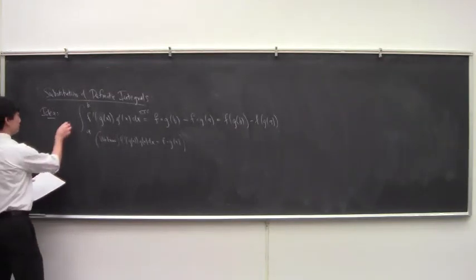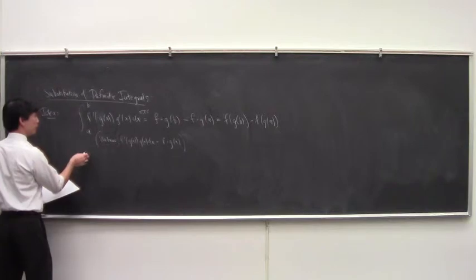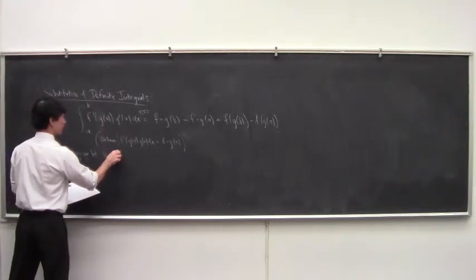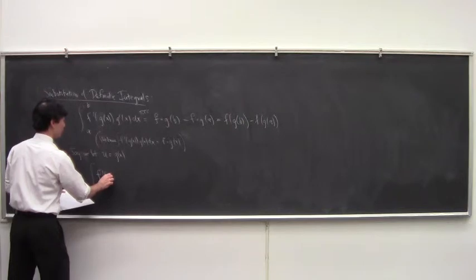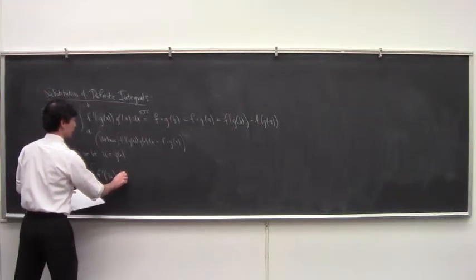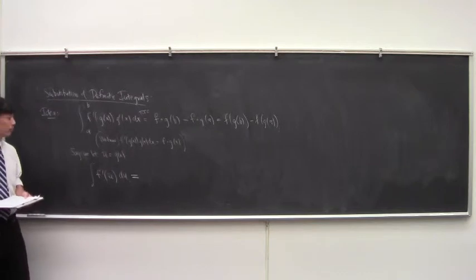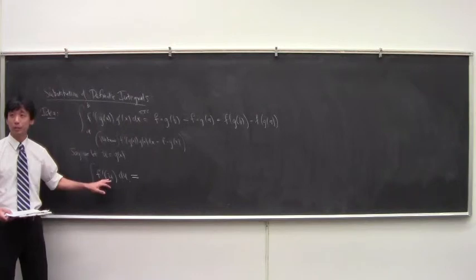Okay, so now if I took a u substitution, say we let u be g of x. Then this is going to be the integral of f prime of u du. The antiderivative of f prime is just f.